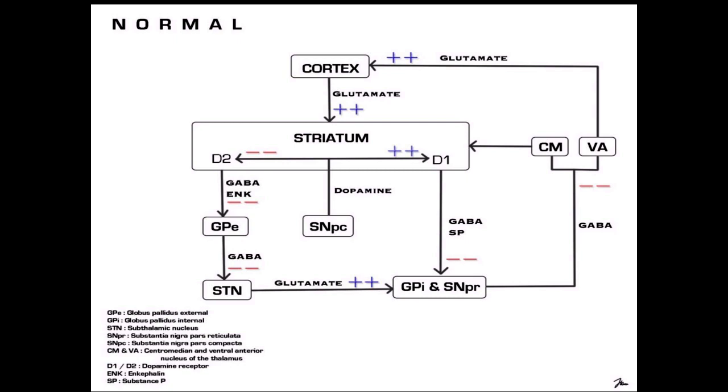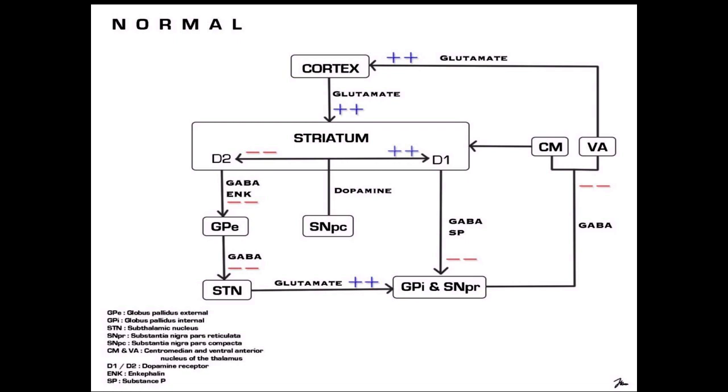Okay, so I said everything in the internal circuitry here, the basal ganglia, is GABA, so just plug in GABA everywhere, with the exception that output from the subthalamic nucleus is glutamate, which is stimulatory. I have just arbitrarily here, anytime I have glutamate, it's stimulatory, so I add 2 positive marks.